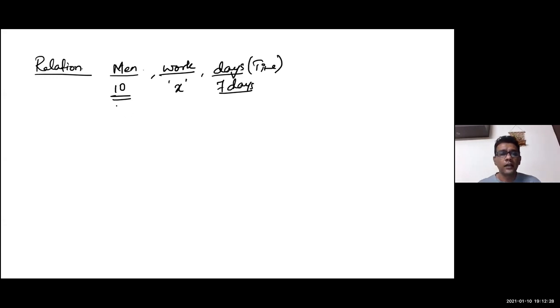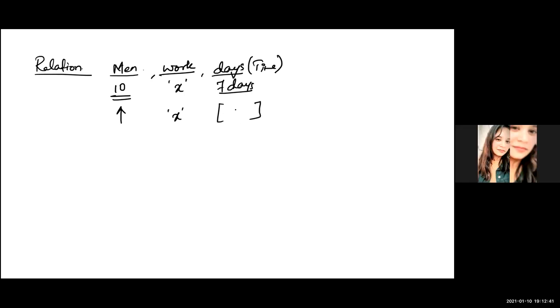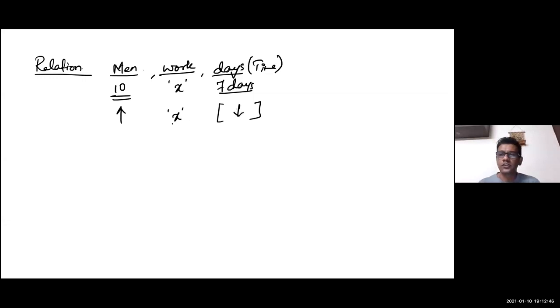Now, if I increase my number of men with the job remaining the same, what will happen to the days? Will I require more days or less days? Less days. So I can say that men are inversely proportional to days when work is kept constant.